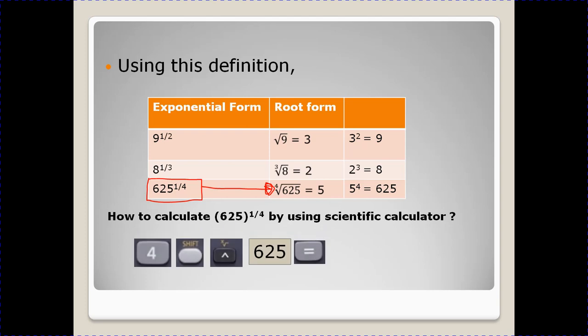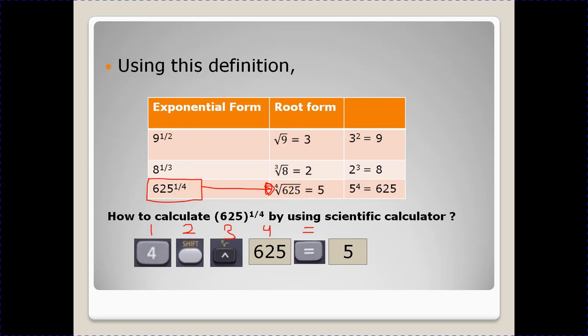First, 4, then shift, then you press this button, then you type 625, then equal, and what is the answer? The answer is 5. So the fourth root of 625 is 4, then shift, then this button, 625, equals 5.